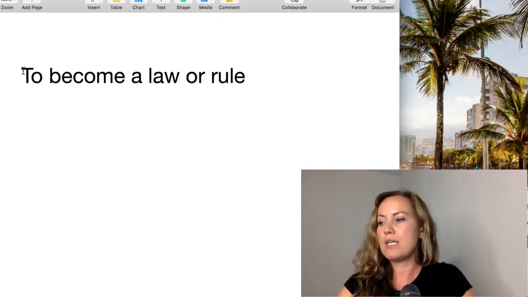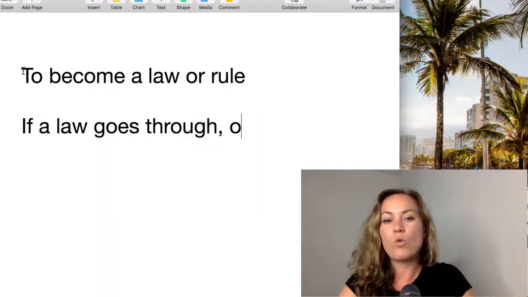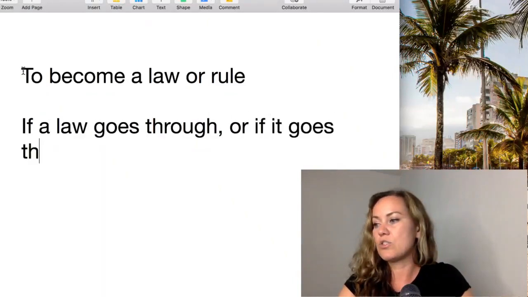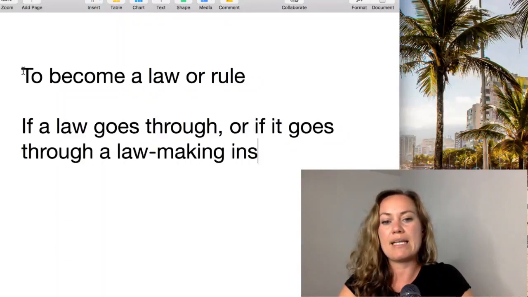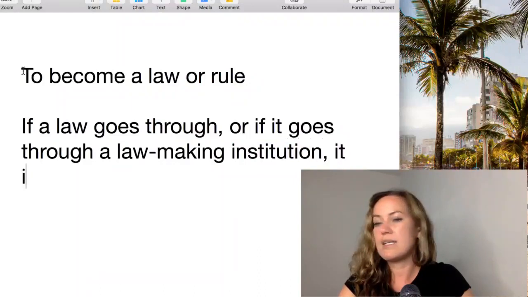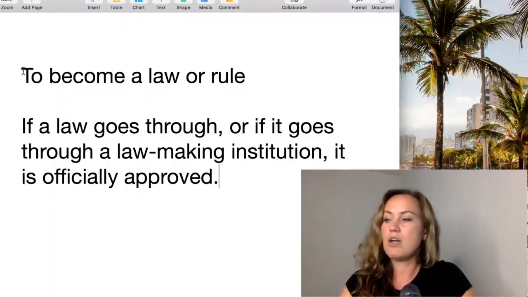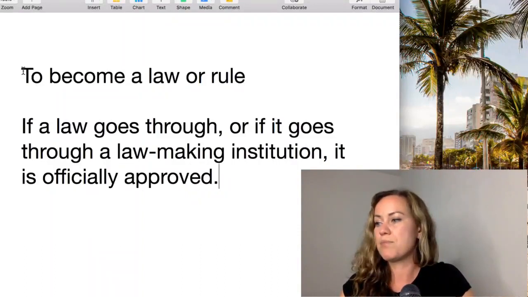Let's look at another way to use go through, which is to become a law or rule. So, if a law goes through, or if it goes through a law-making institution, it is officially approved. That's what it means to be officially approved.